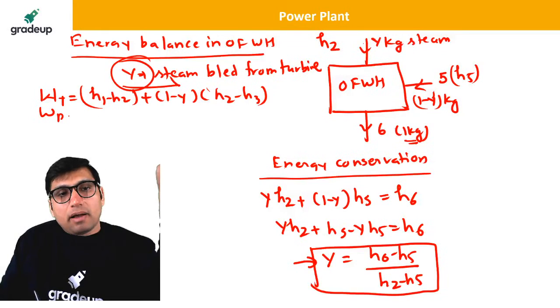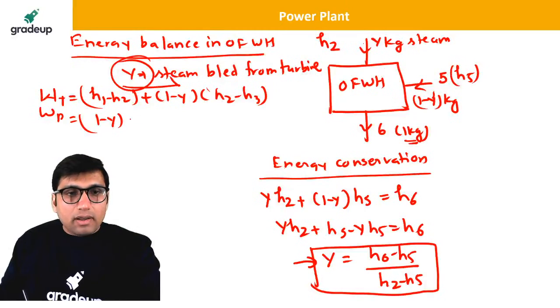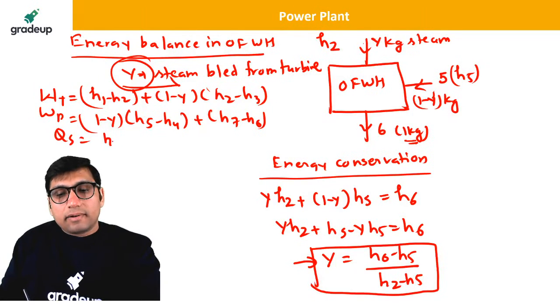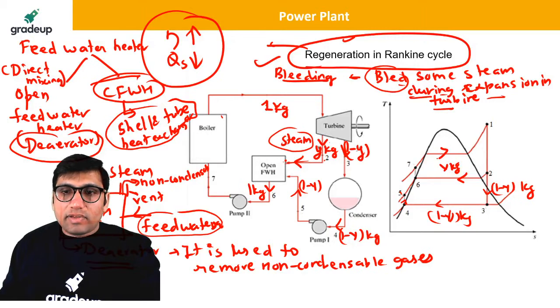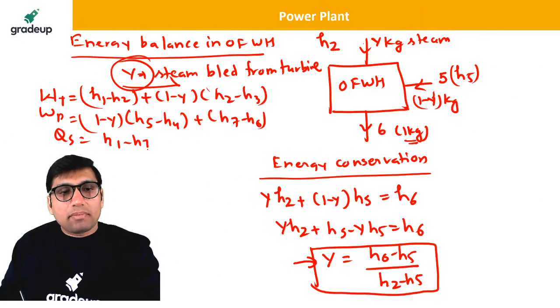The pump work will become (1 minus y) times the pump work between 5 and 4, so this is (H5 minus H4), plus (H7 minus H6). And the heat supplied will become H1 minus H7. This will be the only heat supplied. So you can see the heat supplied has reduced. It has become H1 minus H7.